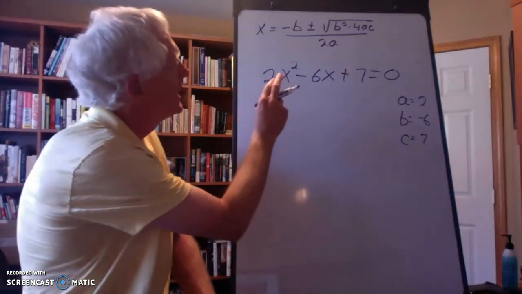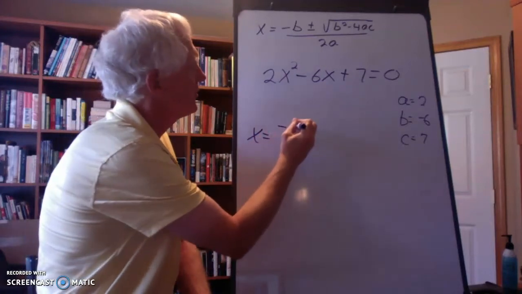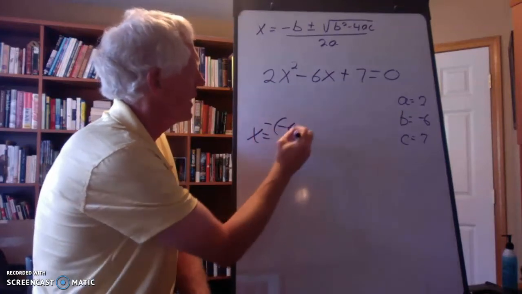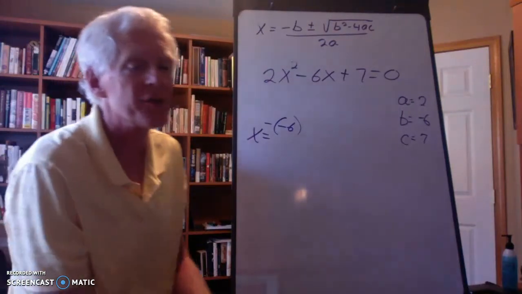We've got negative B. So x is going to equal negative, negative 6. I'm going to write it that way to make sure I don't get that mixed up.